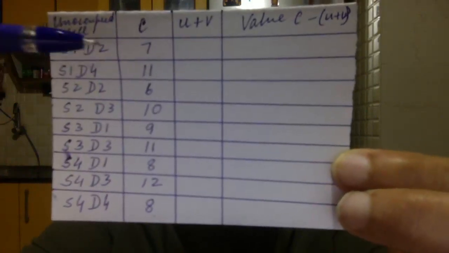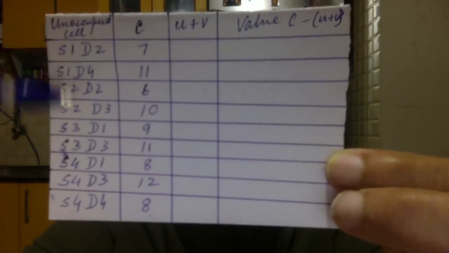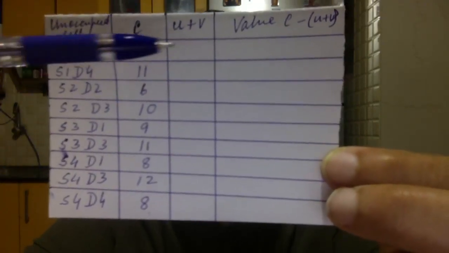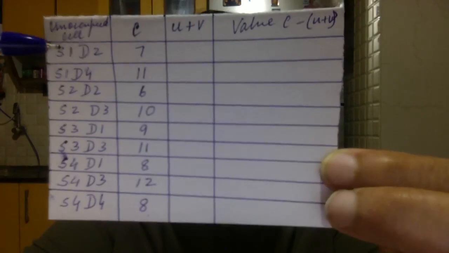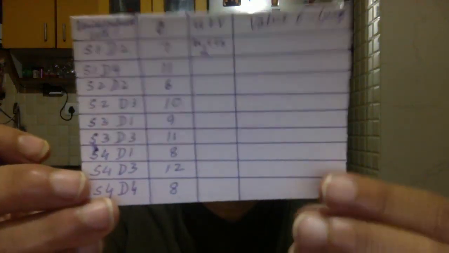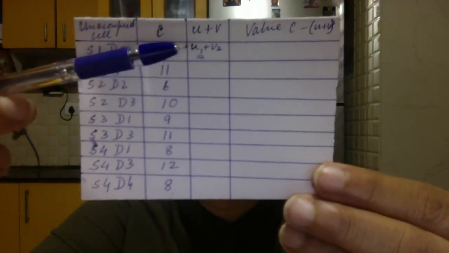Now all the S's will become U's, all the D's will become V's. So S1 D2 means U1 plus V2. We will fill it later. Just write U1 plus V2.